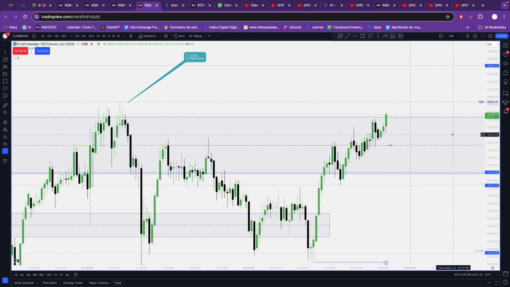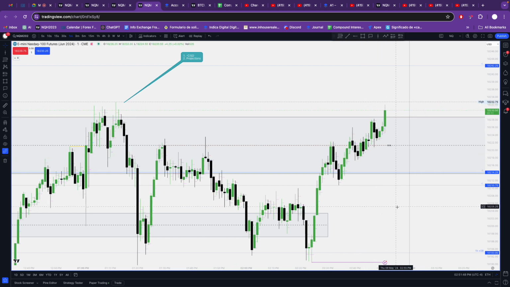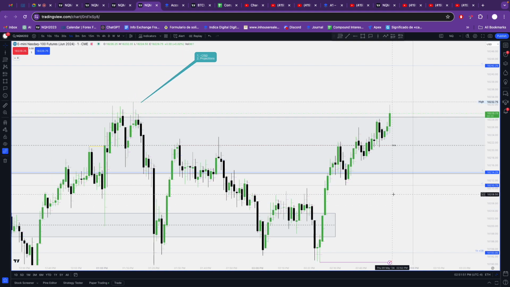Three drives pattern. That's what this is. One, two, maybe three. Or maybe three right here. We'll see. Three drives pattern.